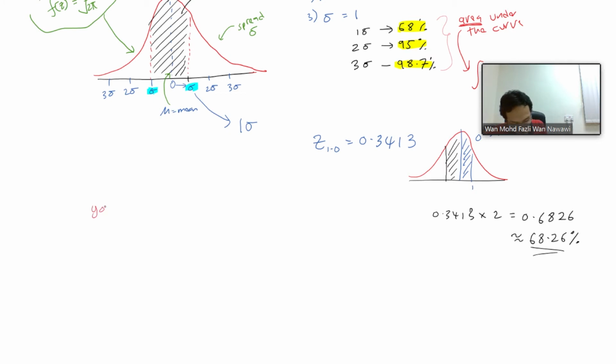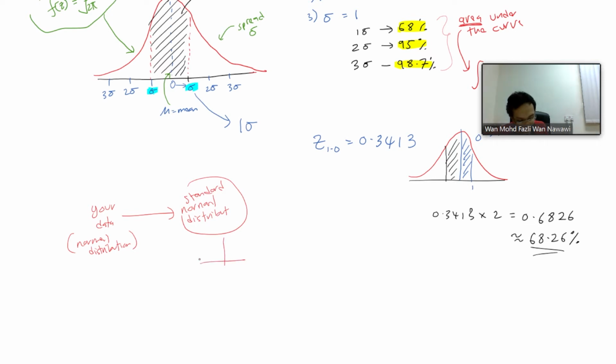Let's say your data shows a normal distribution shape. You need to correlate it with the standard normal distribution, the one that has mu equal to 0.